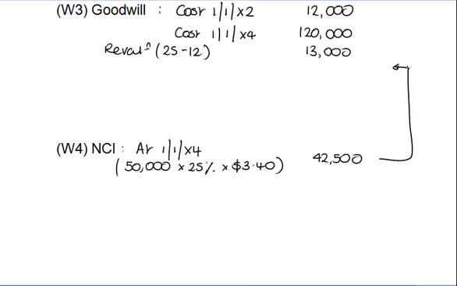I'm going to take that NCI and move that up. NCI at the control date, 42,500,000, like so. The next note says on the 1st of January X5 we bought 15% of Acqn for 36 million when Acqn had reserves of 51.5.